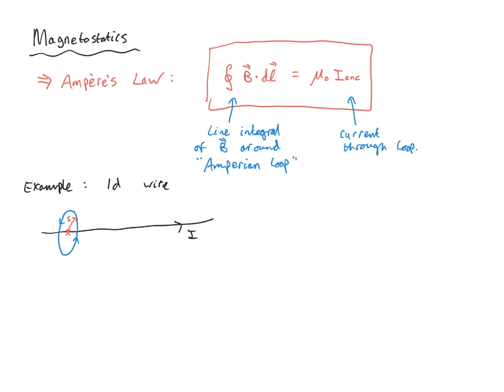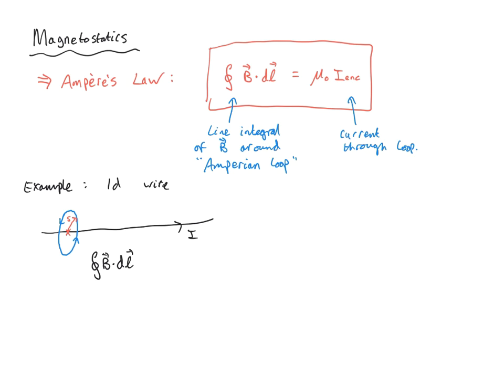Okay, so how can we use the Ampere law to extract the magnetic field? Well, we have the line integral of B, the magnetic field, around this Amperian loop. But the choice of our loop helps us in two ways. Firstly, the magnetic field is at all points parallel to the path that we take.